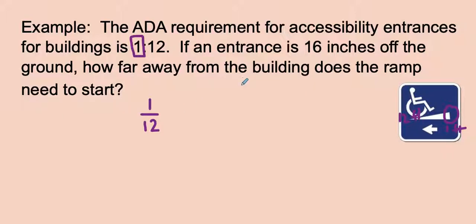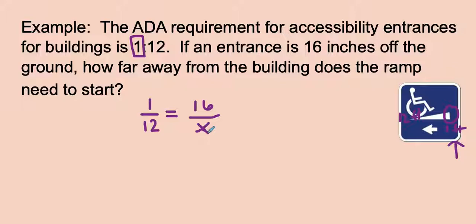So if an entrance is 16 inches off the ground, okay, so where does that 16 inches belong? So again, this is 1 foot off the ground, 12 feet away. So 16 inches off the ground matches up with the 1. 1 foot off the ground, 16 inches off the ground. So what am I looking for? I'm looking for that denominator.